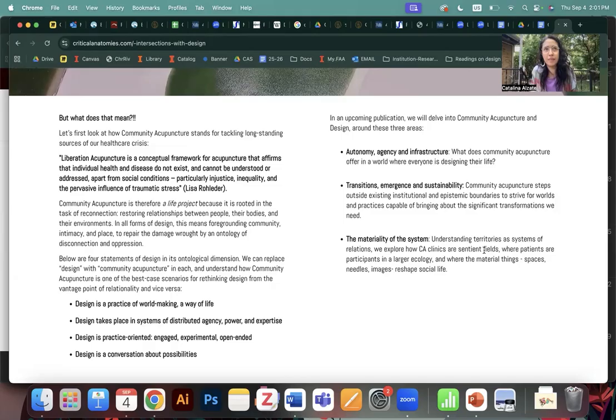I was thinking this morning because I went to the doctor, and there is certain familiarity and certain almost like warmth when I get to the community acupuncture clinic that makes you feel seen.